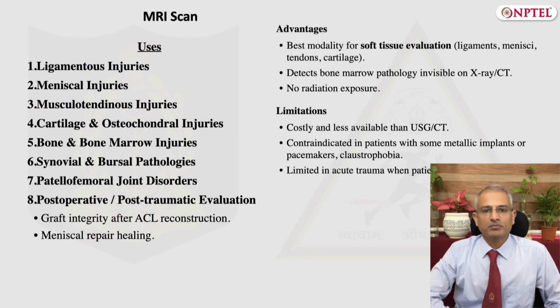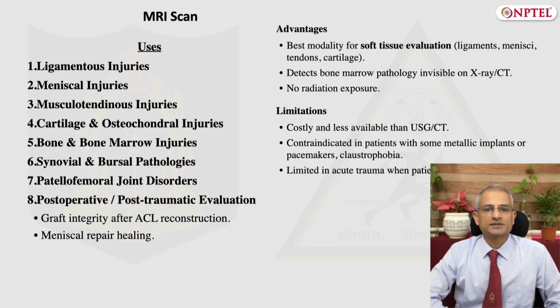The next most important investigation that is done in cases of soft tissue injuries or sports injuries of the knee is the MRI. MRI is considered a gold standard for soft tissue assessment in sports injuries of the knee. It provides multiplanar, high quality and high resolution imaging without the risk of exposing the patient to radiation.